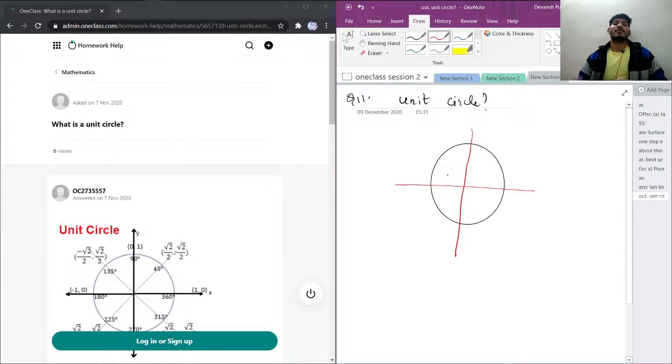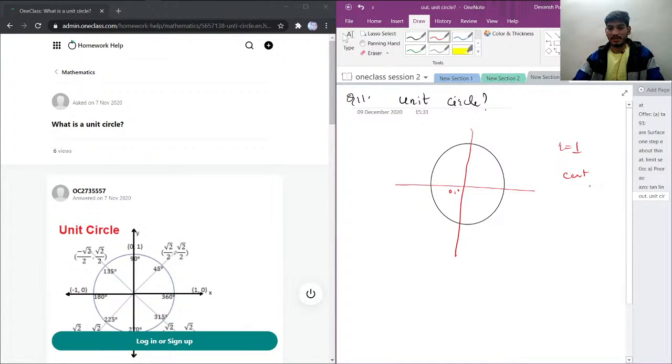So basically, a unit circle is a circle with a radius of 1 and the center coordinates at 0 comma 0, and the speciality of the unit circle is that it is helpful to calculate trigonometric ratios of any angle.